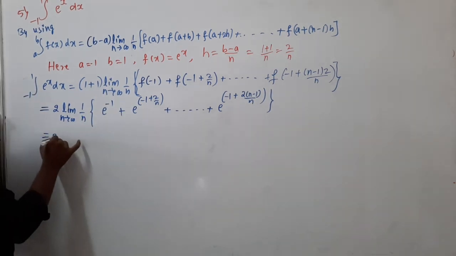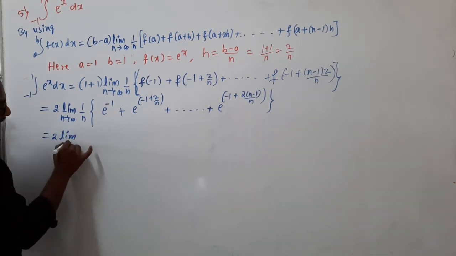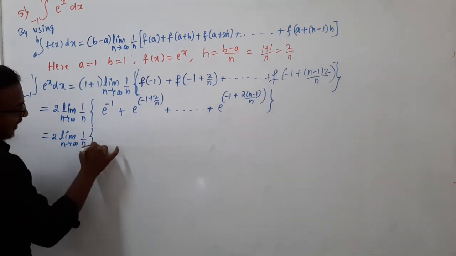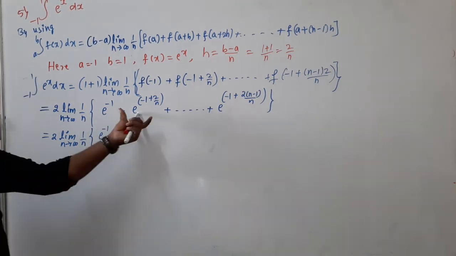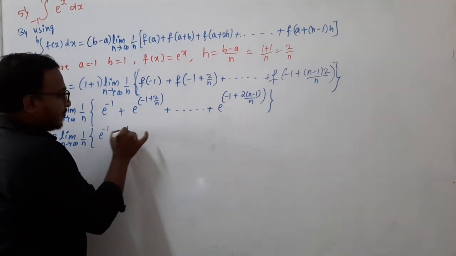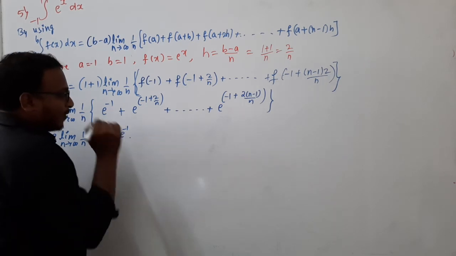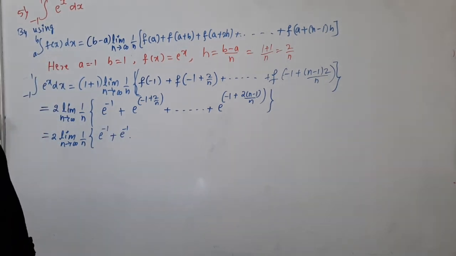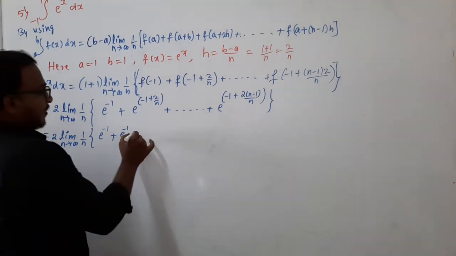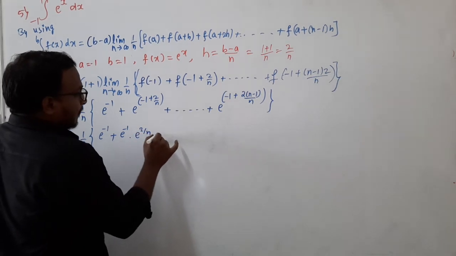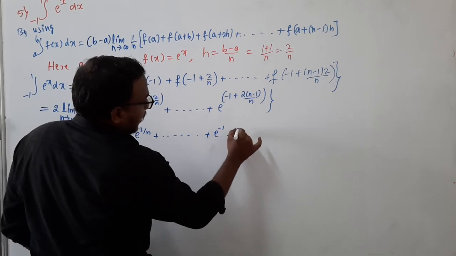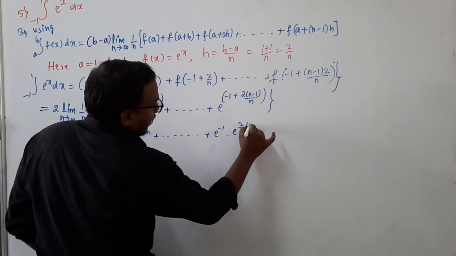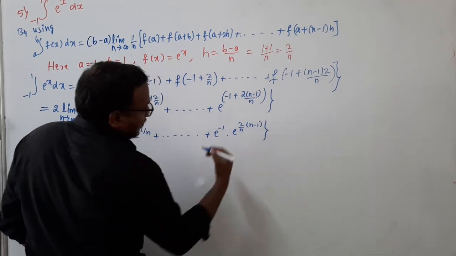Now take this 2, limit n tends to infinity, 1 by n. This function can be written as e to the power -1, plus e to the power -1 into e to the power 2 by n, plus so on, up to e to the power -1 into e to the power 2 by n into n minus 1.